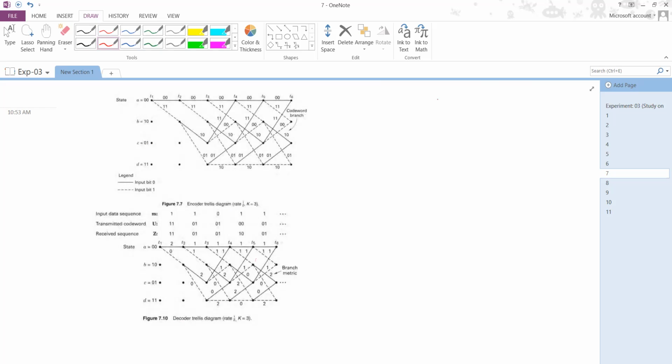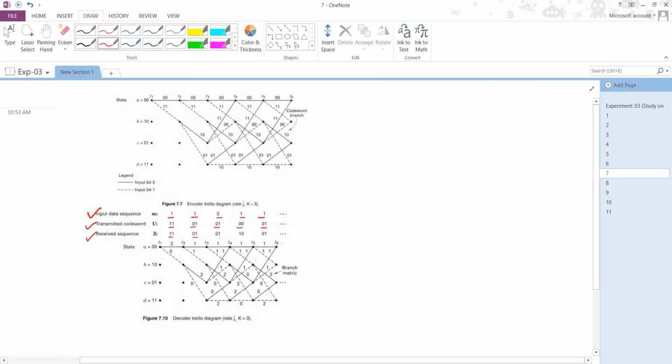To understand this Viterbi decoding, we have to follow some steps. Like if I have an input message sequence like this, 11011, then the transmitted code word that we are sending after encoding is 1101010001. But after transmitting the code word, the receive sequence, that means at the receiver side, the sequence that we get is like this.